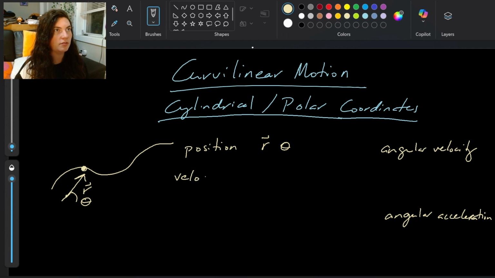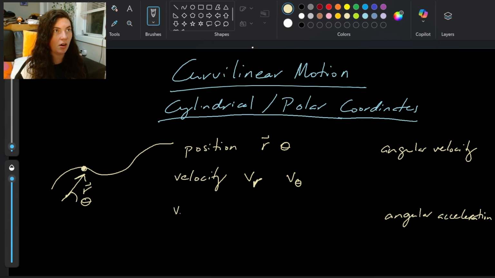When we find our velocity, being the derivative of these functions, we're actually going to have two components: a velocity with respect to r, the radial coordinate, and a velocity associated with theta, the transverse, angular coordinate.